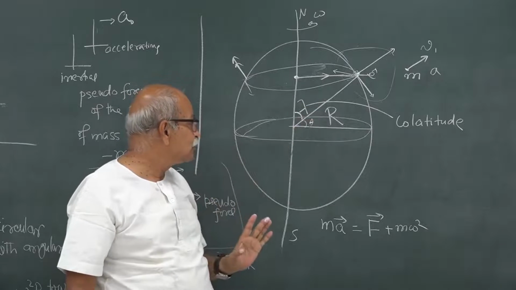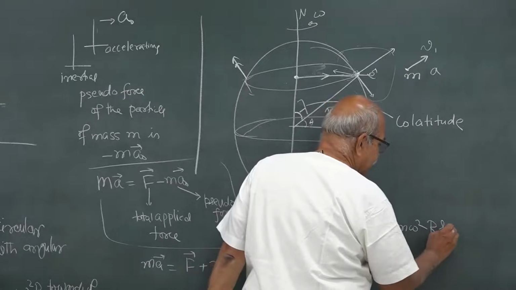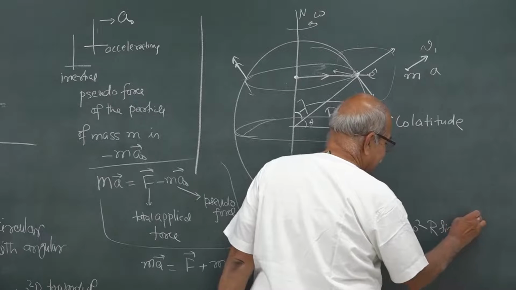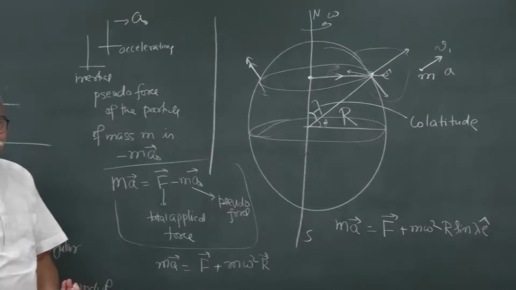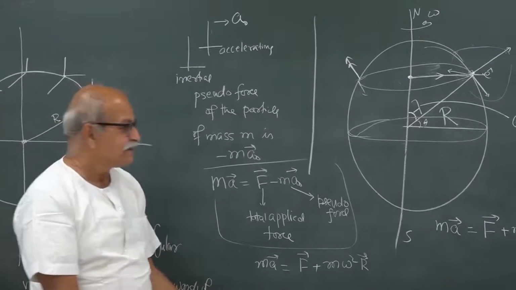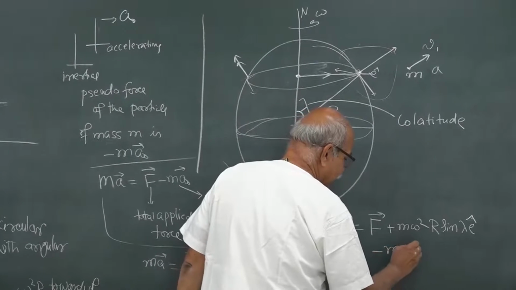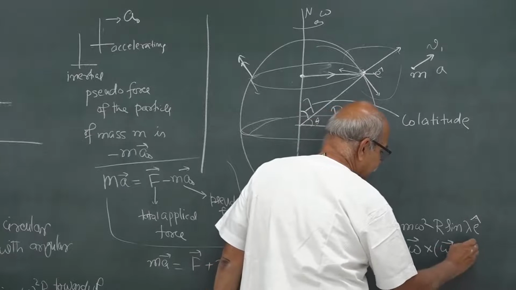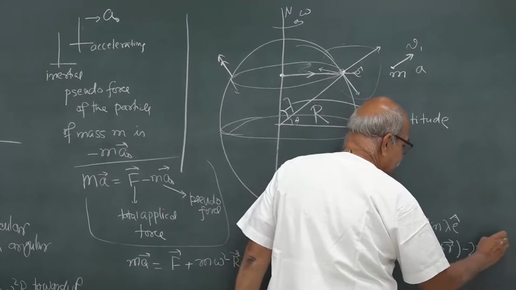So, this is co-latitude. So, sine of lambda, capital R into sine of lambda, and then in this E cap direction. So, that comes from the shift of the origin, rotation of the origin, and then rotation of the frame. Those things will be there, minus m omega cross r vector and minus 2m omega cross v.